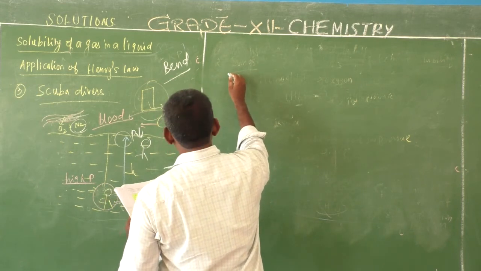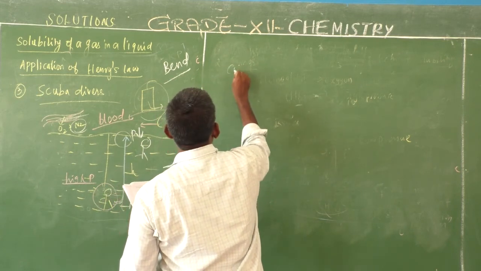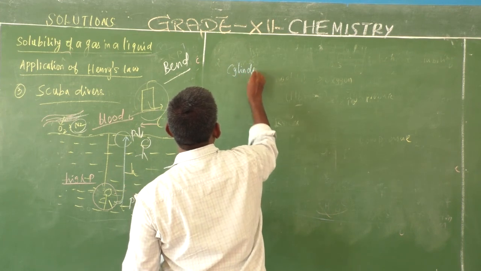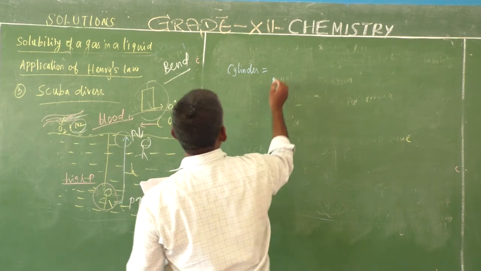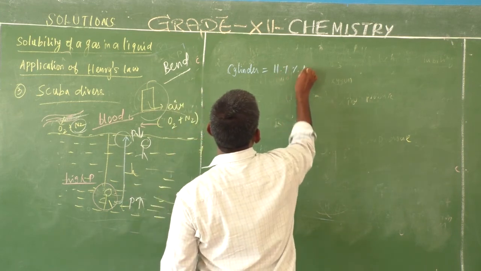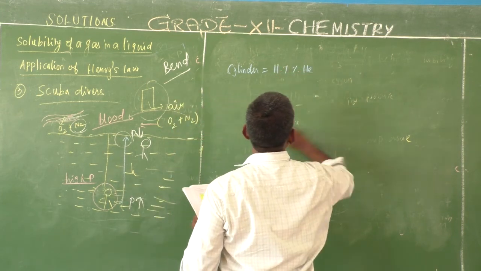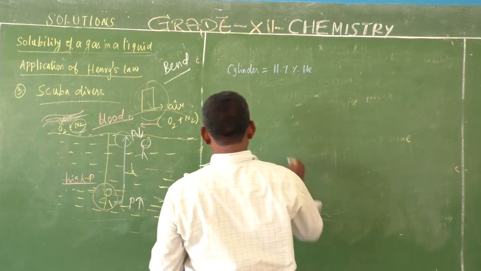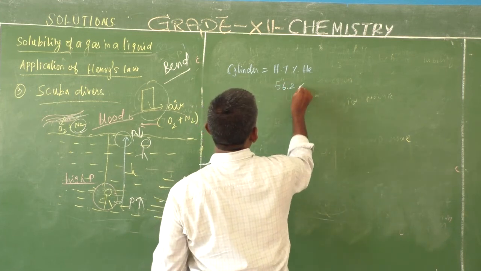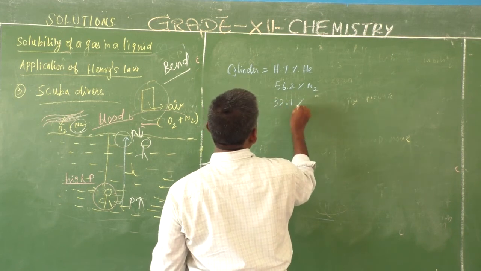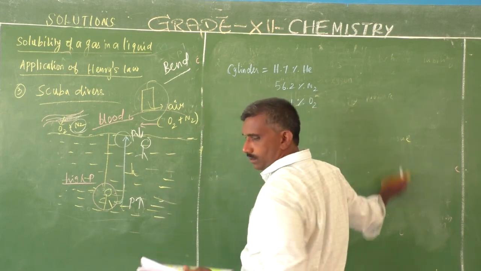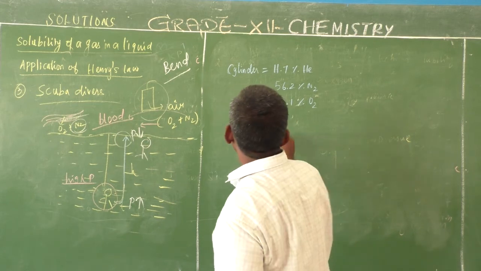This oxygen cylinder contains 11.7% helium, 56.2% nitrogen, and 32.1% oxygen. So nitrogen is reduced.